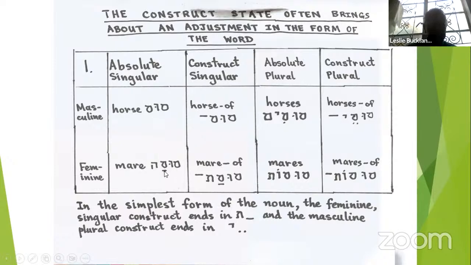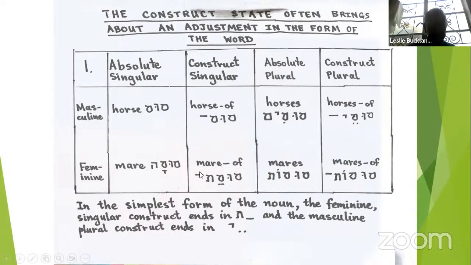So the kames under the samek changes to a pathak because you're hurrying to the next noun when the word is in the construct and something else is added to it, because the accent has been moved to the next noun. So this long vowel kames is changed to the corresponding short vowel pathak.